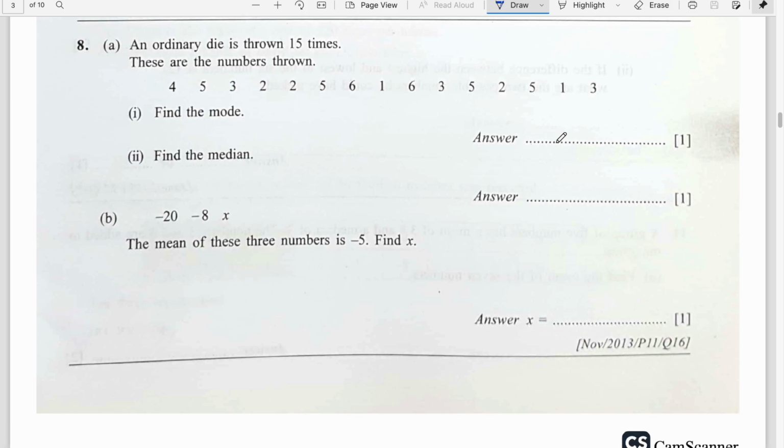Now let's try this. This is again a bit different from those. Although it is mode and median, this is raw data. We just did tabular form. This is raw data. Find the mode. Look at the data closely and see what it is.